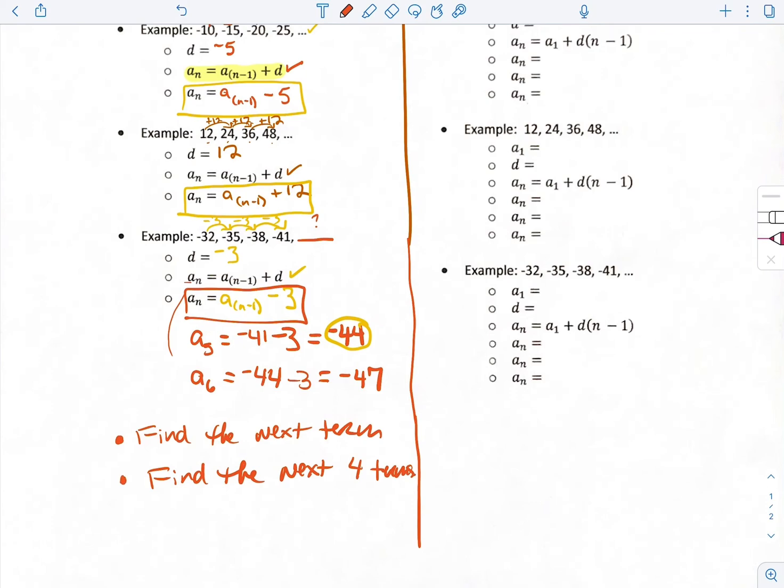Also, sometimes you may be given little pieces of information, like they may already give you the rule, and they may give you a little bit more information and say, oh, find A1. But either way, these are the types of questions you're going to see with recursive rules. All right, we're going to work on some practice now.